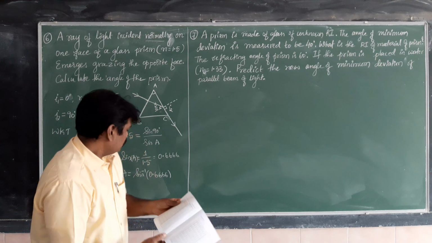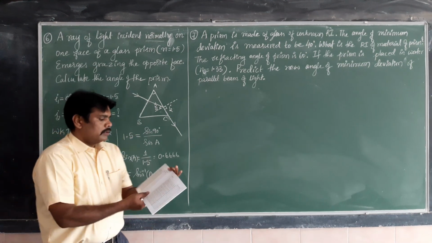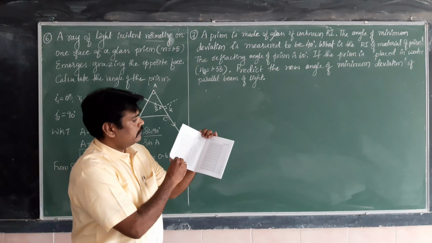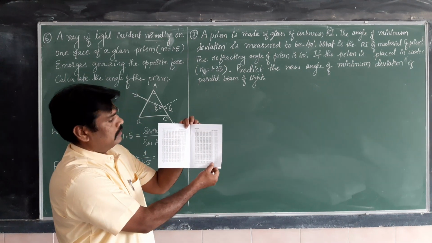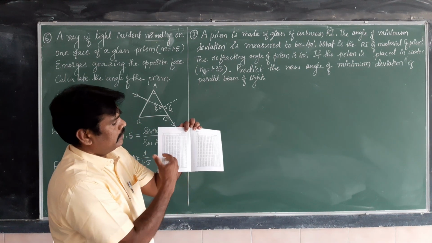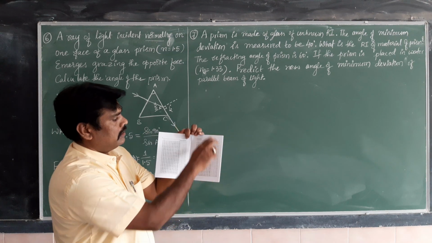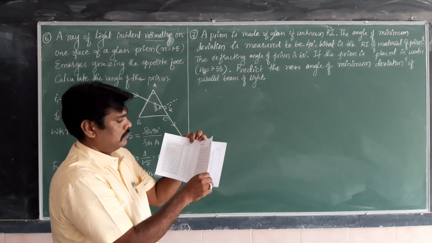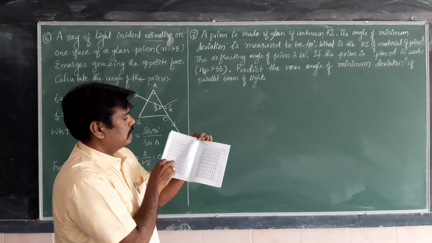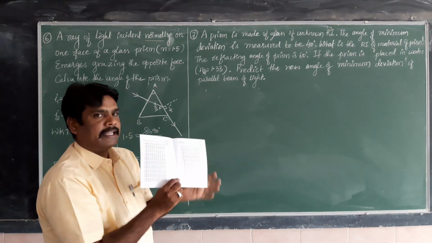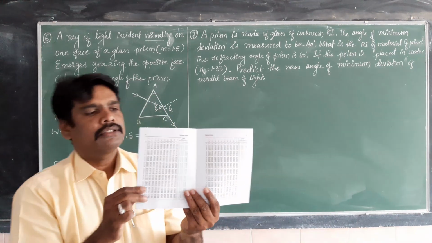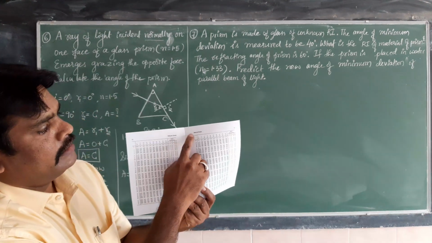Now here, to find the sine inverse value, first we will get the logarithmic values and then later the anti-logarithms. In the next page, you will get the natural sine. This is the natural sine, right?